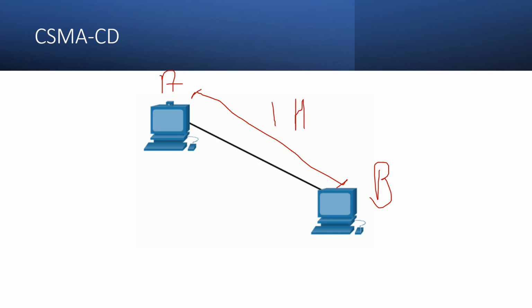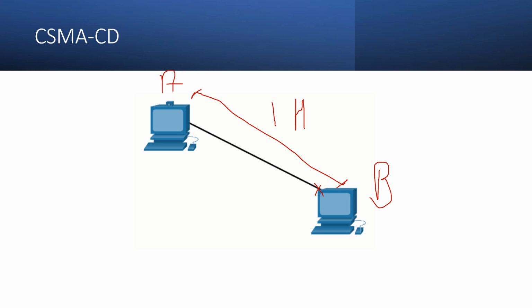Let's assume, since as we know it's not 1 hour, it's very few, that is a millisecond. Let's assume a scenario when host A transmitted data and it collided here, and it will receive the collision signal after 1 hour.